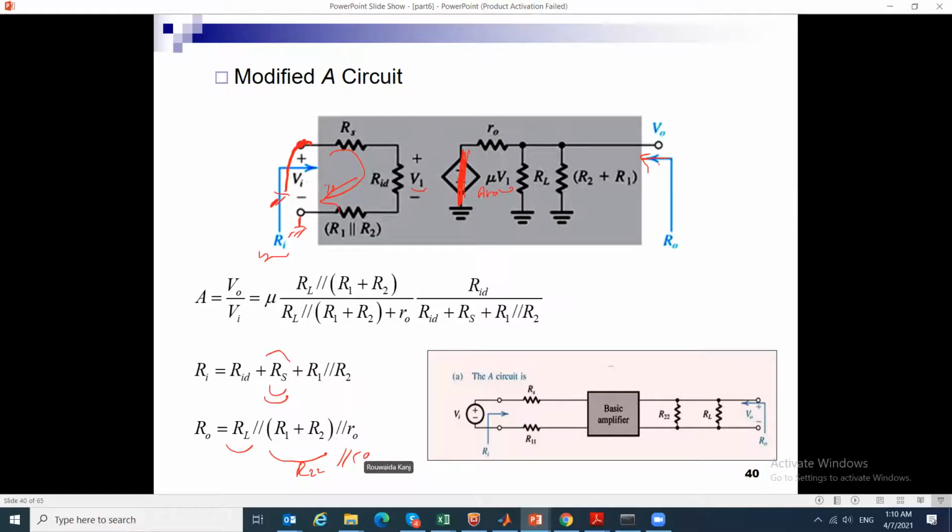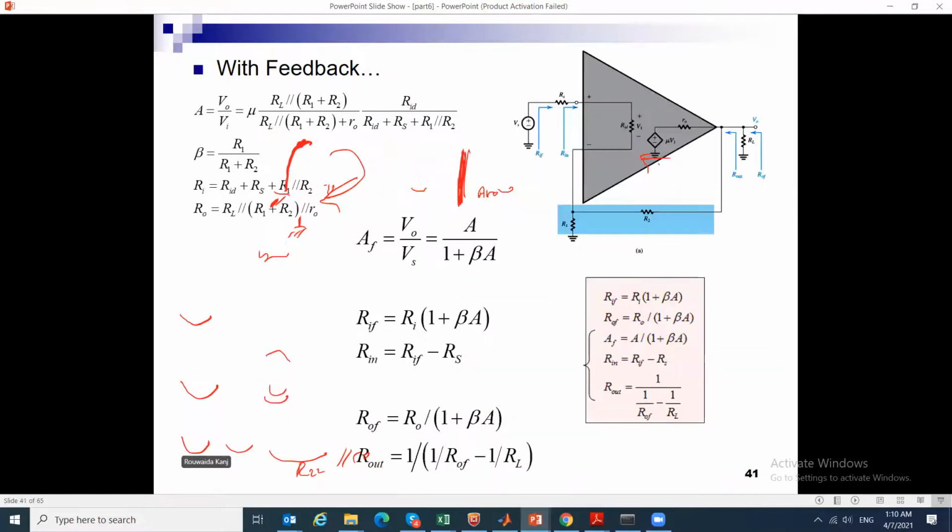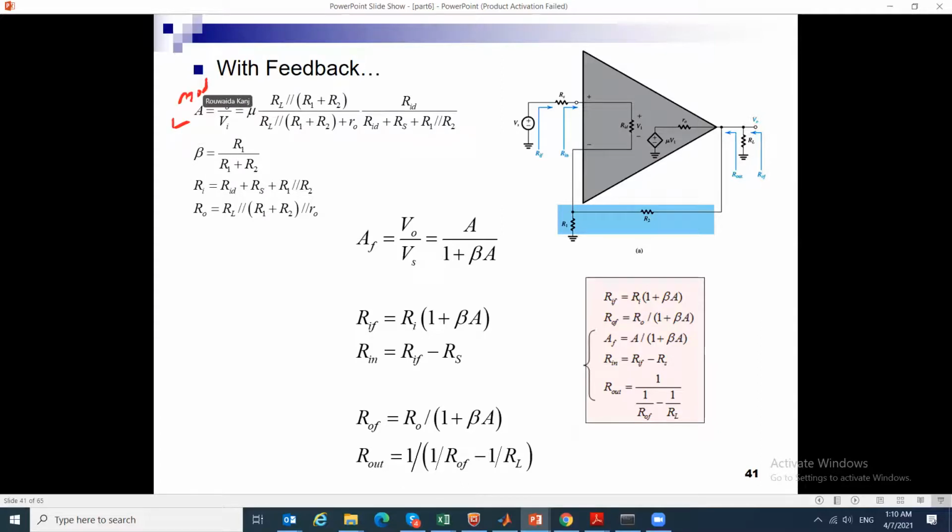Okay, so accordingly I would have found A, RI, RO. Once I find A and RI and RO, I have now A for the modified circuit. Those are for the modified circuit. This is from the beta block.